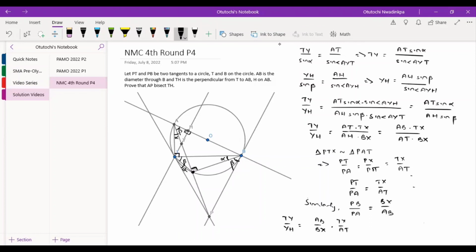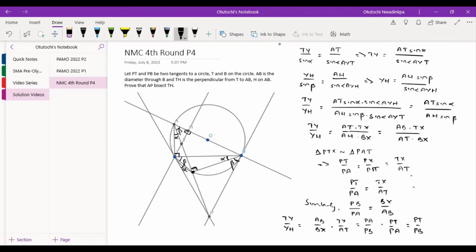So we have AB over BX times TX over AT. Now AB over BX is equal to PA over BP from here, times TX over AT, which is equal to PT over PA. Now PA cancels PA, and we are left with PT over PB.